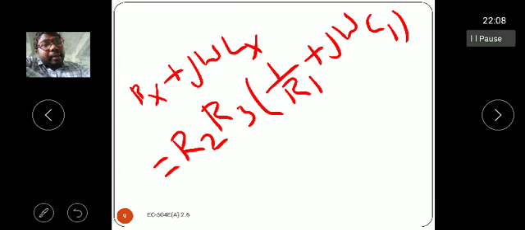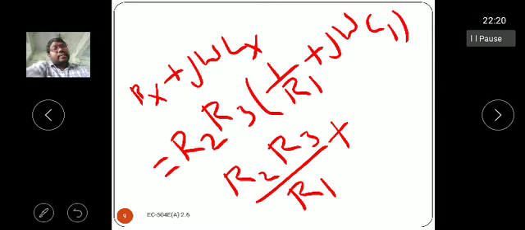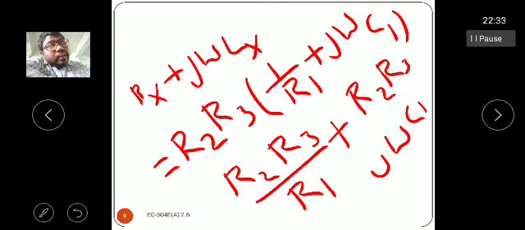Then multiply these terms R2 and R3, that is R2 R3 divided by R1 plus R2 R3 into j omega C1.